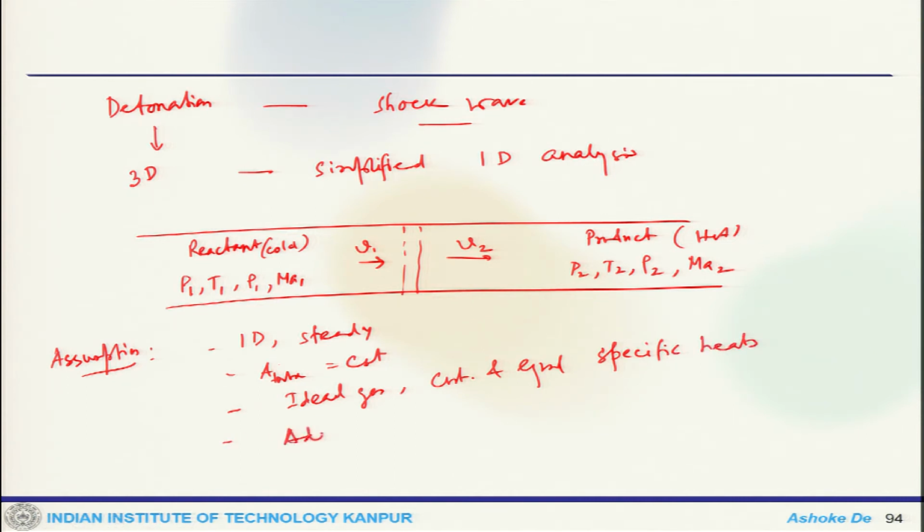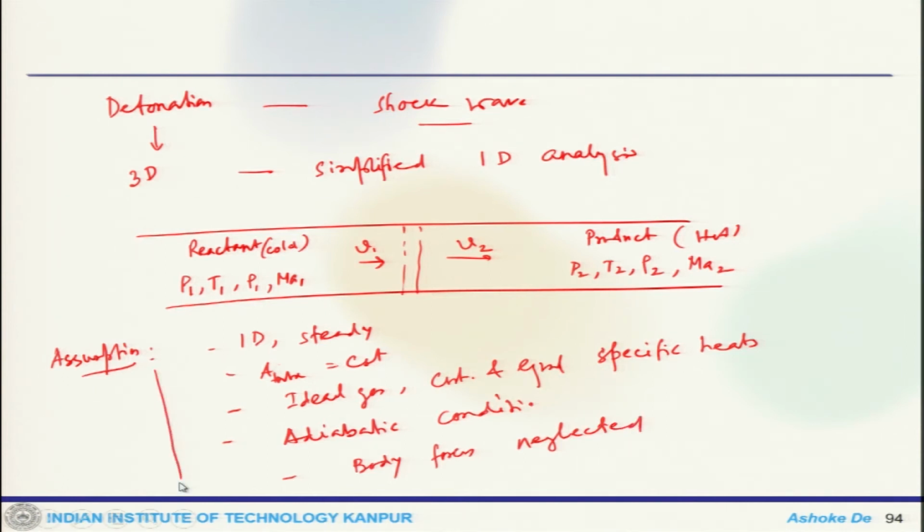Then adiabatic conditions, that means there is no heat loss through the wall of the tube, and obviously any external forces like body forces are neglected. So, these are the assumptions behind this one dimensional analysis.